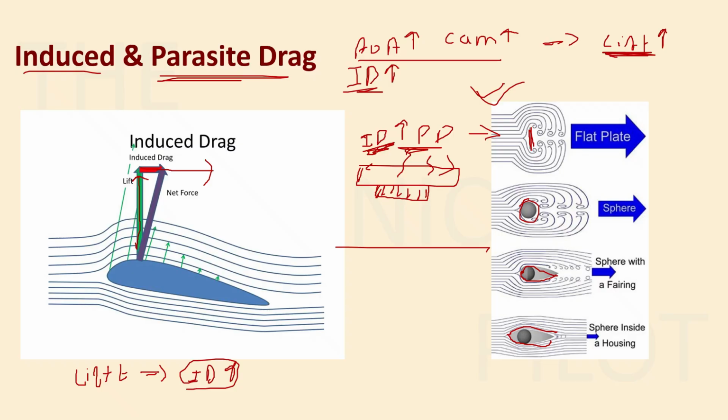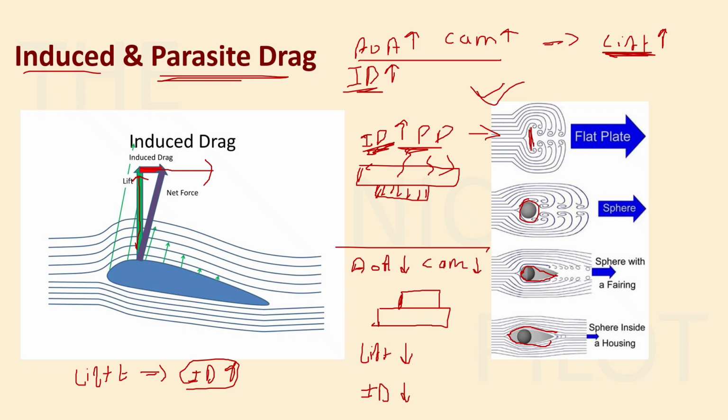Now imagine you have your wing again and you are deflecting the ailerons upwards. In this case, what will happen to the angle of attack? Reduced, right? The camber will also be reduced, and this together will cause the lift to decrease. Since the lift has reduced, your induced drag will be reduced.